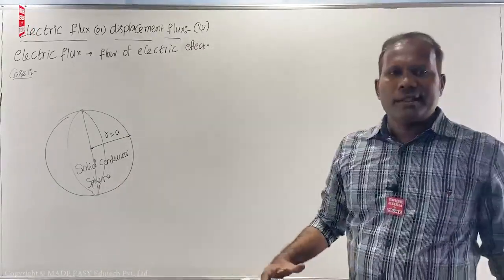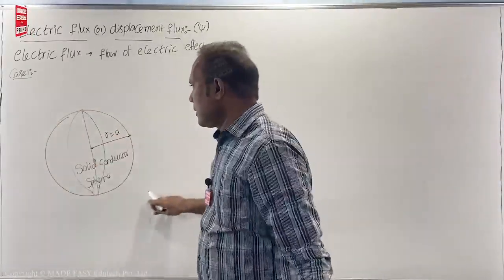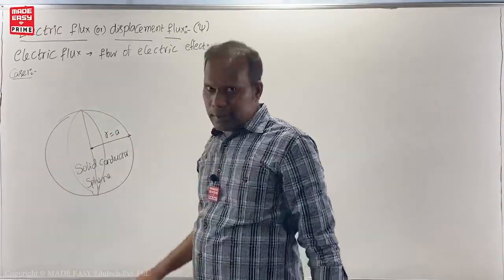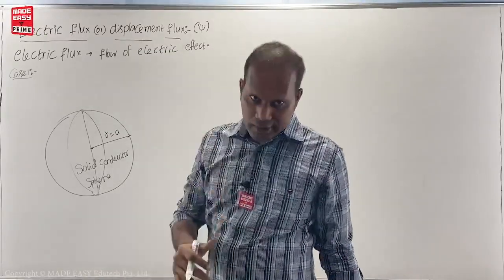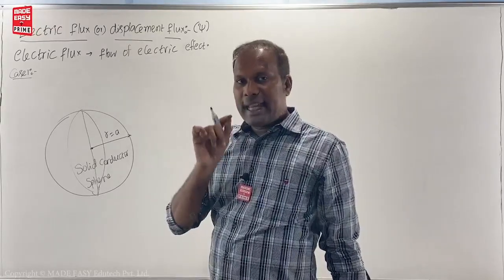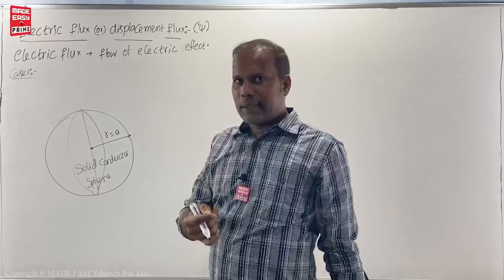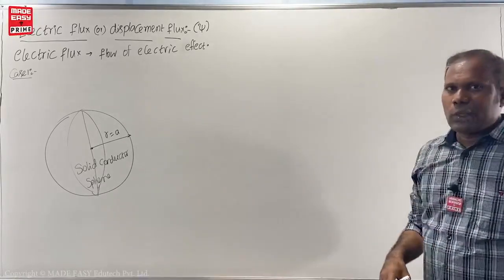Now how many surfaces are there? Only one surface, outside, is there, because inside it is solid, there is no surface. Why am I talking of the conductor surface? Non-moving charge always stays on the conductor surface.